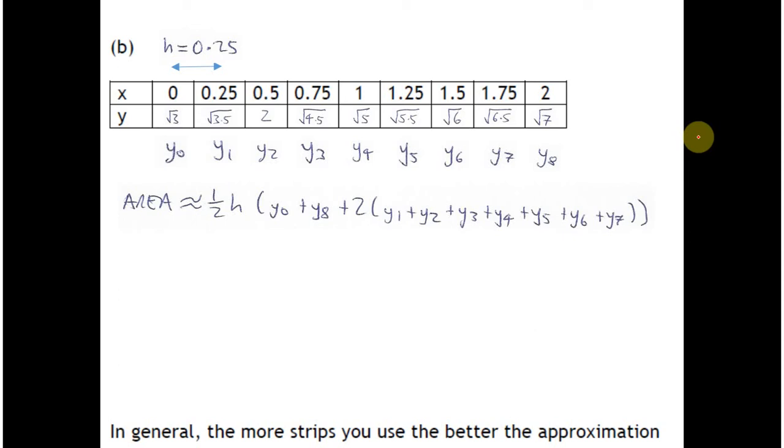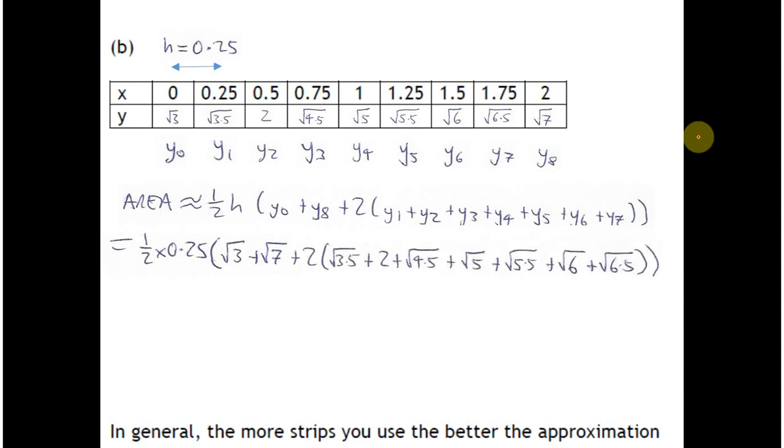Sticking in our values, we get a half times 0.25 times root 3 plus root 7 plus 2 times root 3.5 plus 2 plus root 4.5 plus root 5 plus root 5.5 plus root 6 plus root 6.5. Calculating correctly to 4 decimal places, this gives 4.4403.